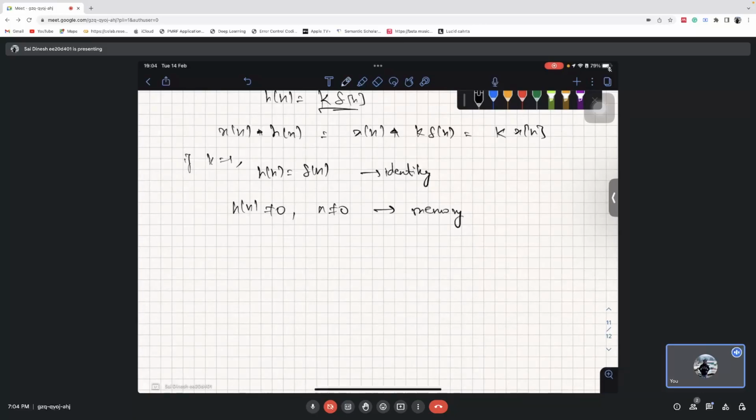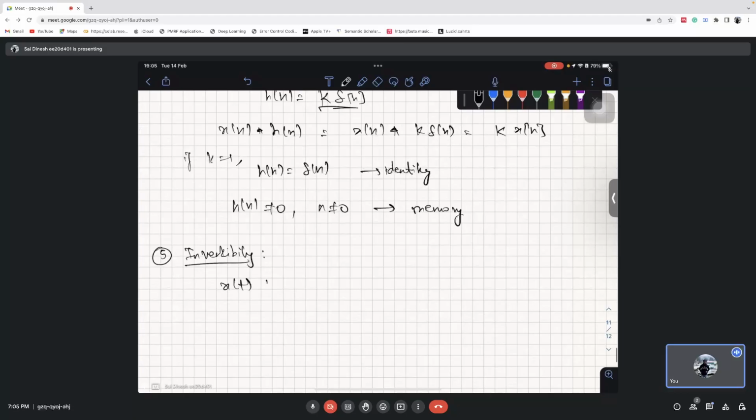Next is invertibility. Invertibility means that if we have a signal x of t convolved with the impulse response h of t, we get y of t.